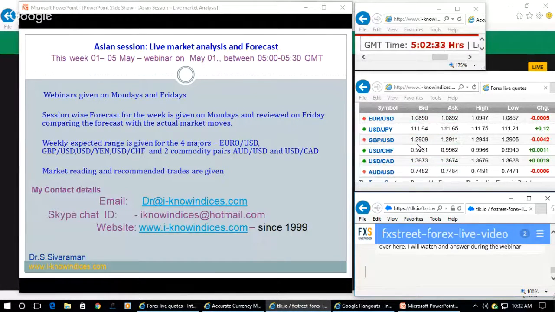Then they make big moves in the case of majors. And finally, they handle the European crosses. When they are handling one set of pairs, the other pairs will be making range-bound swings. So that we need to understand.